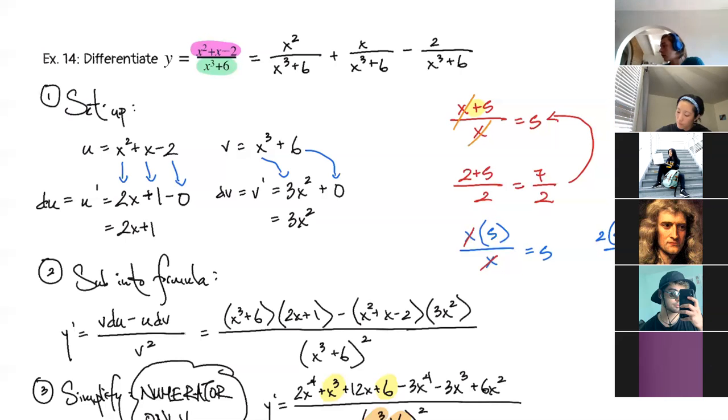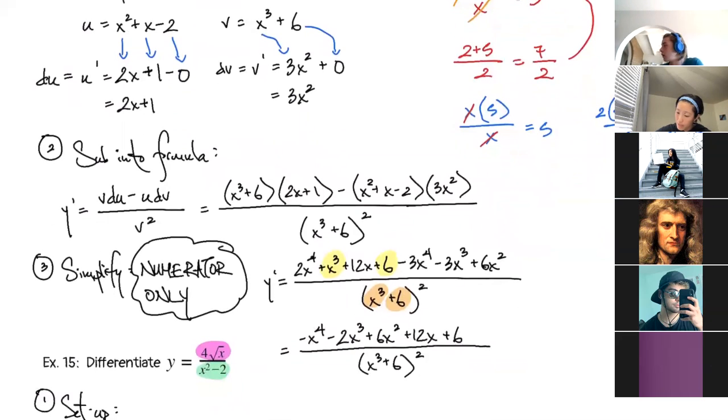Now, to your point, Richard, if you had found that there was an x cubed plus 6 times a bunch of other stuff on the top, and then you had x cubed plus 6 squared here, you could reduce one of those. But we don't have x cubed plus 6 as a factor. It's just in a string of addition at the top. Does that make sense?